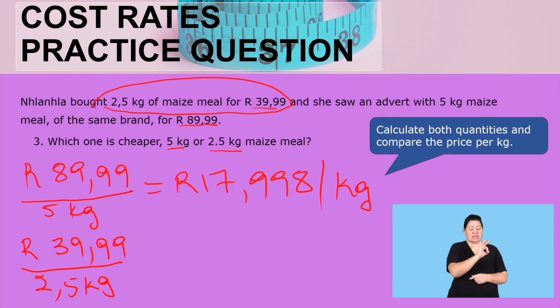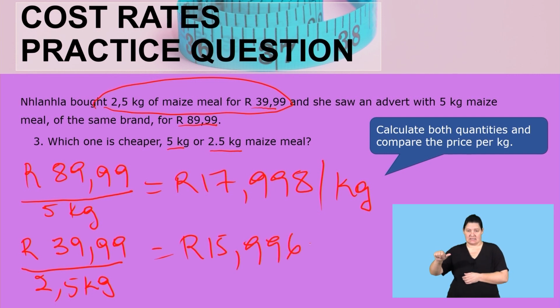We say 39.99 divide by 2.5, and then we will get 15 rand 996 per kilogram. Then the question was, which one is cheaper? Therefore, we say the 2.5 kilogram will be cheaper because it's 15 rand 996 per kilogram, whereas the other one is 17 rand 998 per kilogram.